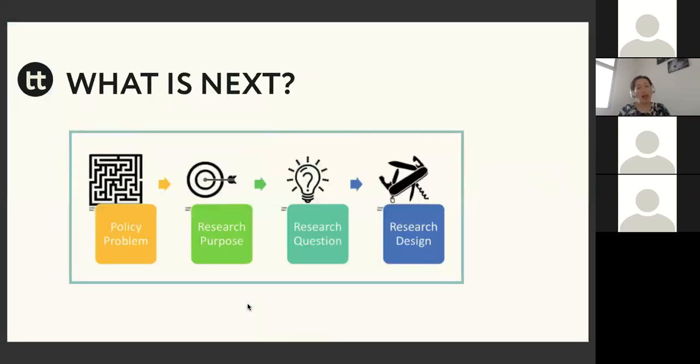So, as I mentioned, in this part, what we've done is analyze different types of policy problems. We understand what could be the research purpose, what we want to achieve with the research. And what is important is that only when we have this clarity of the context that we're working in and our purpose, do we move into the research questions and the research design. Many times we start here.